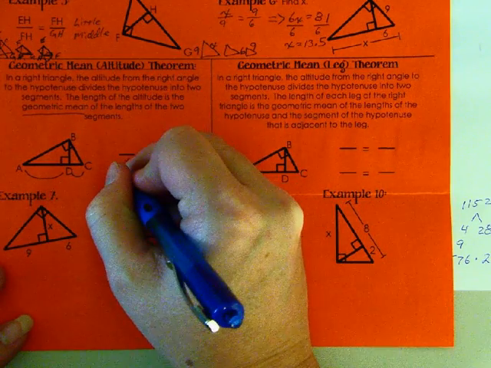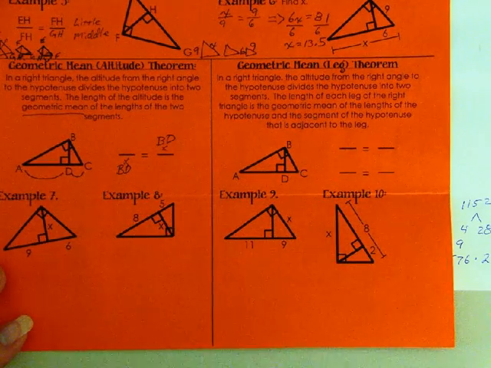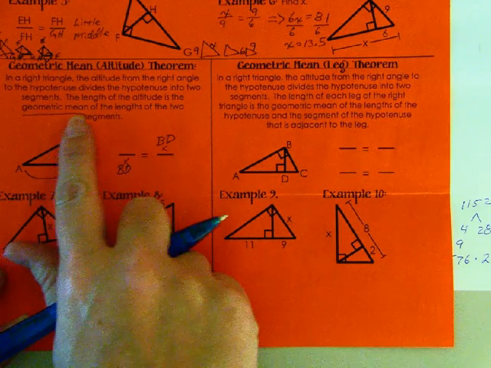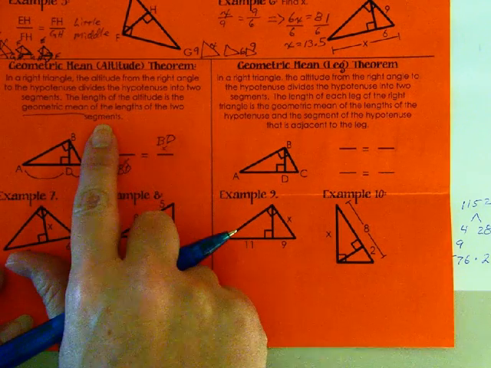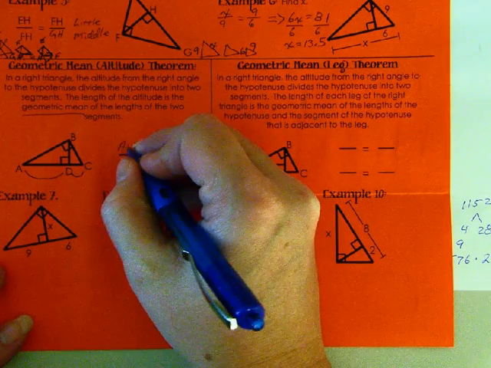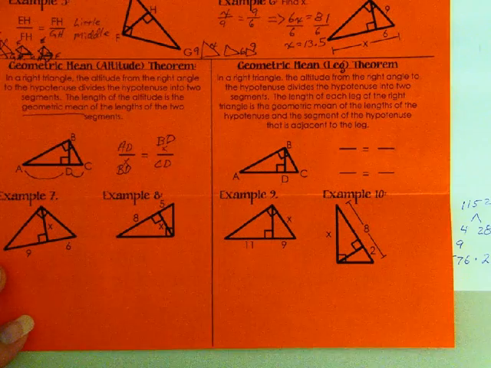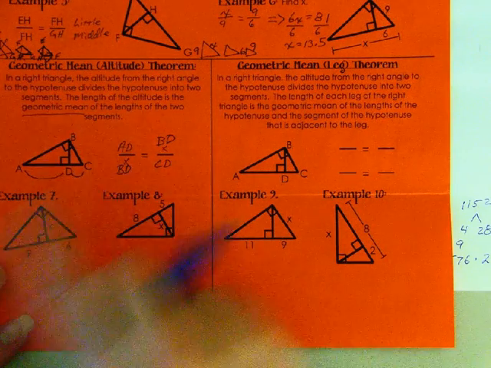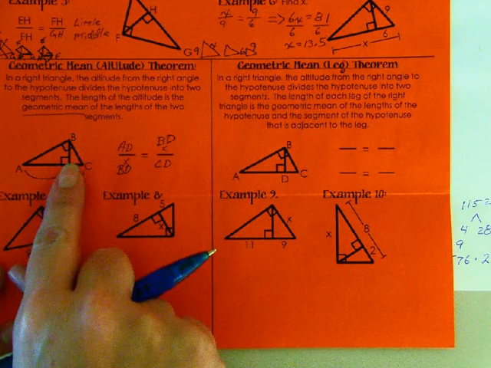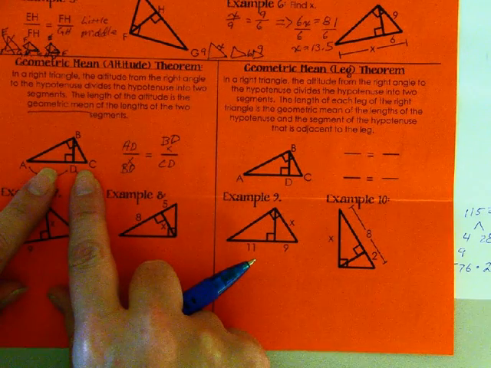So I'm going to say BD and BD. It's the geometric mean of the lengths of the 2 segments. So we're going to use AD and CD. Those are my 2 segments. So the altitude is the geometric mean between the 2 pieces of the hypotenuse.